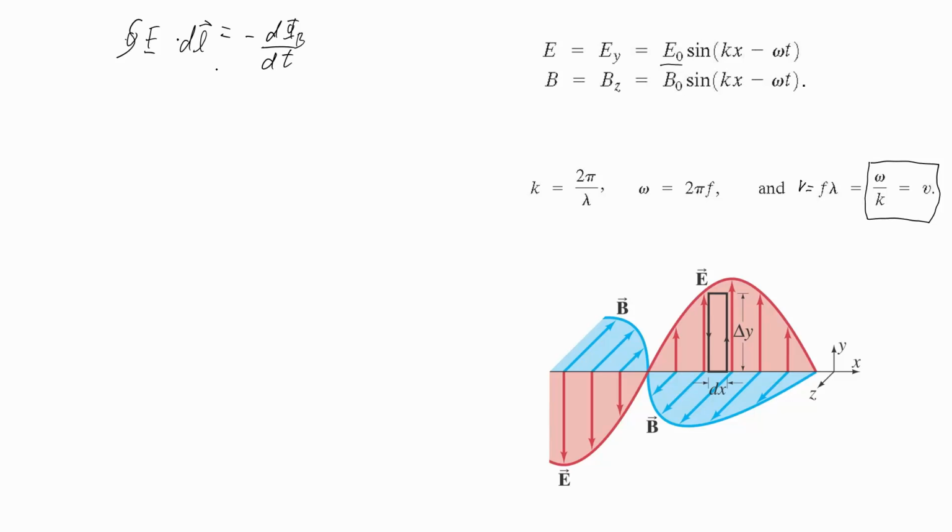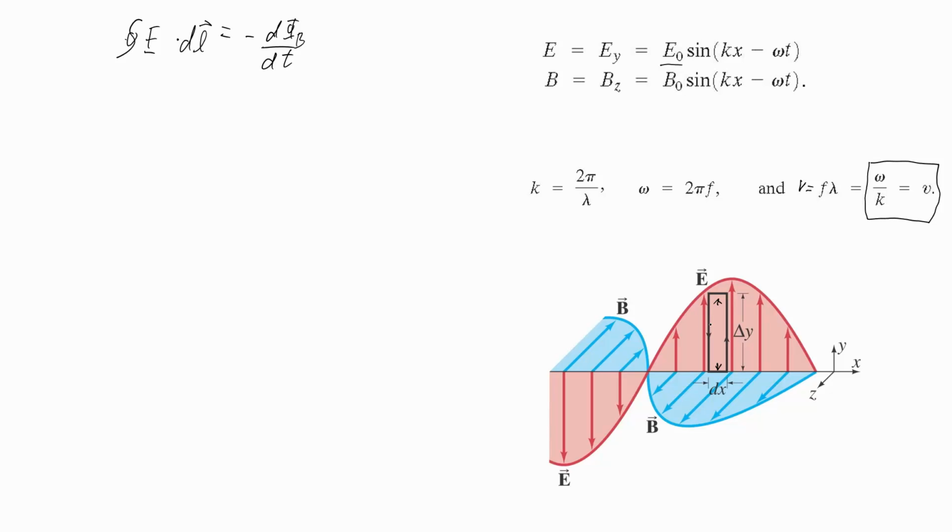You can, but okay, so we have Faraday's law here, and we're going to apply that to a loop going around in the plane of my electric field here. Since we have a dot product, on these segments, dl is perpendicular to the E field, and the dot product wants the parallel component, so those parts go to 0. So we just need to worry about the vertical parts here.